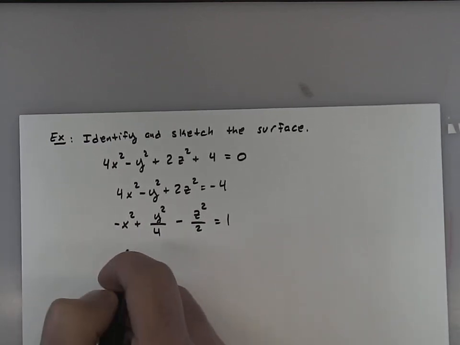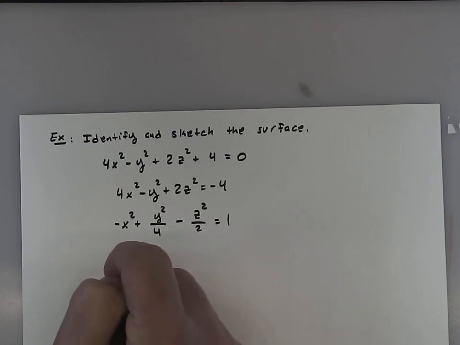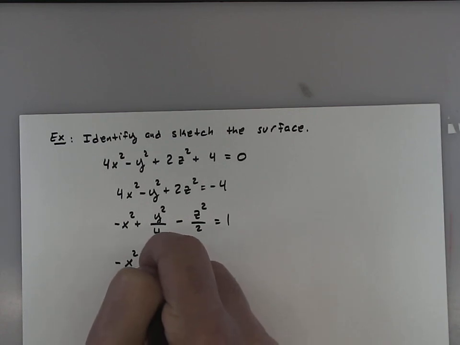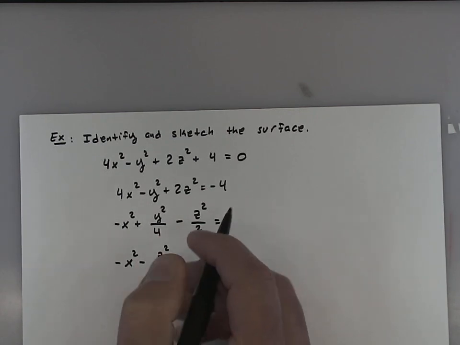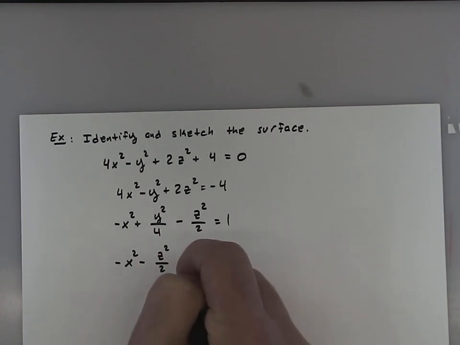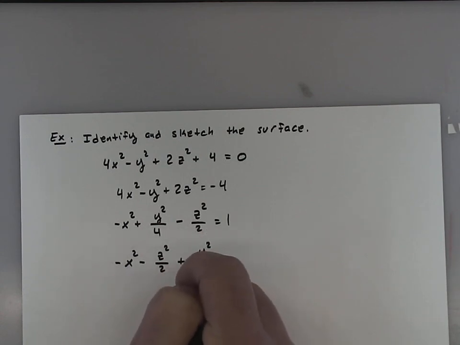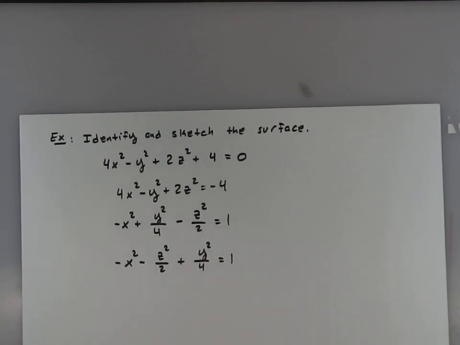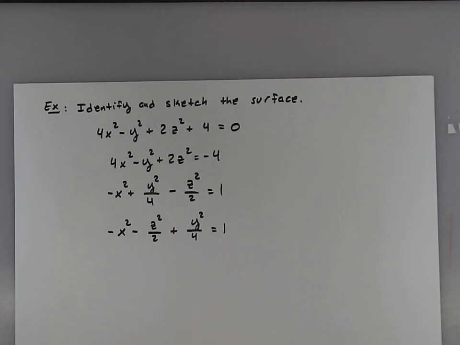If I combine the terms that are negative, so negative x squared minus z squared over 2, and then plus y squared over 4 is equal to 1. So since y is positive, the axis is going to be along the y-axis.